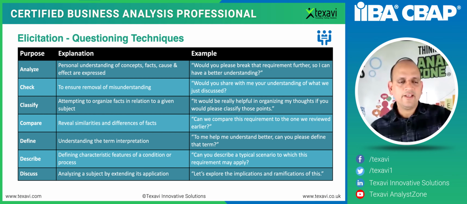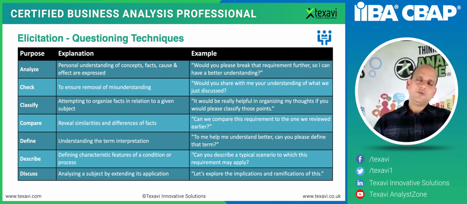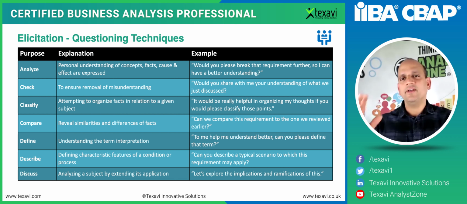These are different ways you can try, for example: can you describe a typical scenario to which this requirement applies? Or, if you had a magical wand, can you tell me the top three things you would like to create and share in this world?